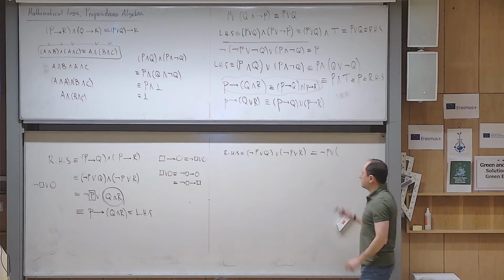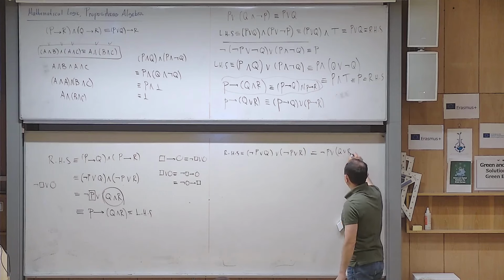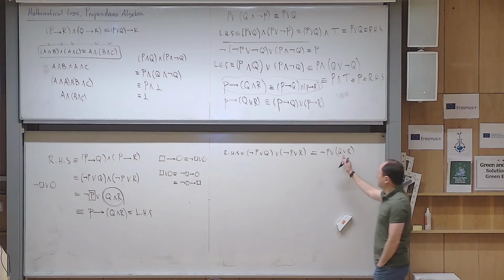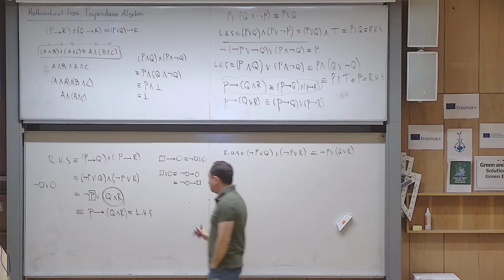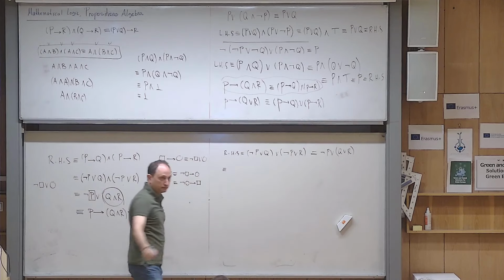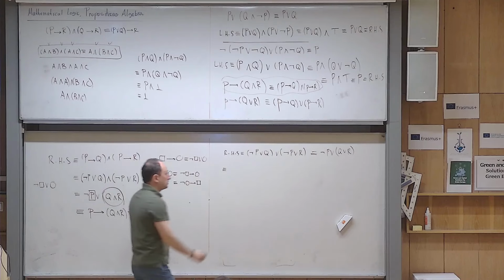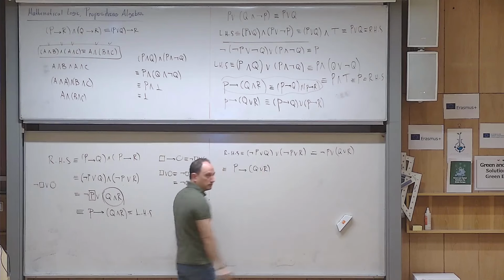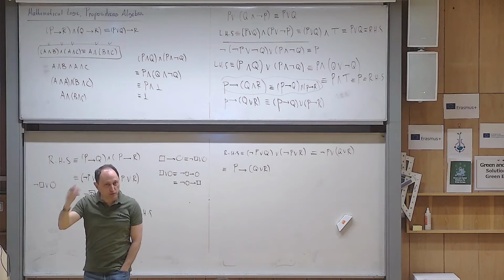So what is left is Q or R. Okay. So now, can I write this as a conditional again? Yes. If P, then Q or R. So our intuition was correct.